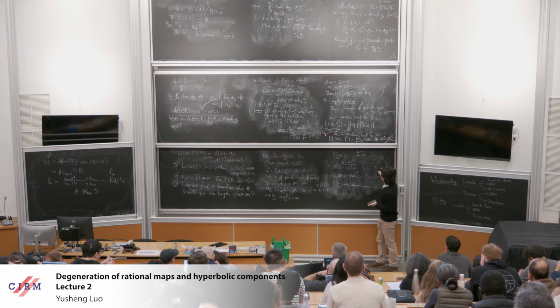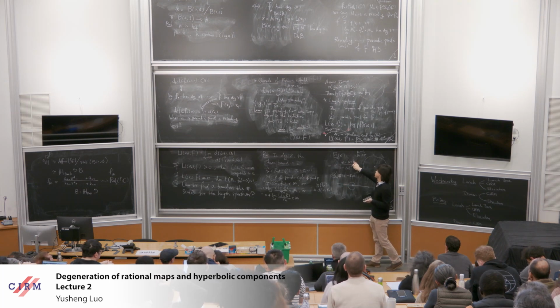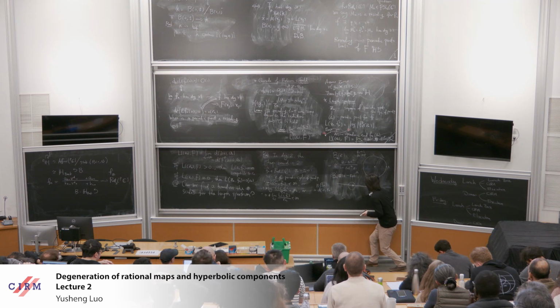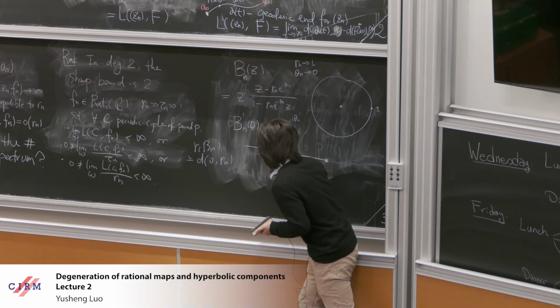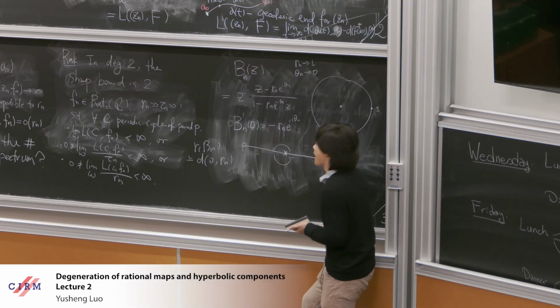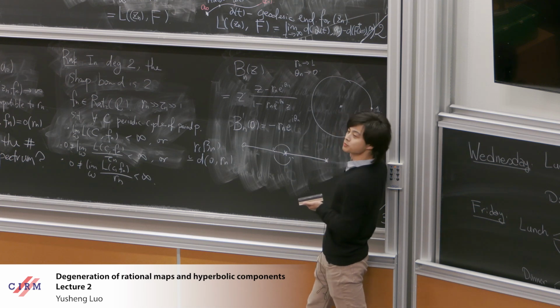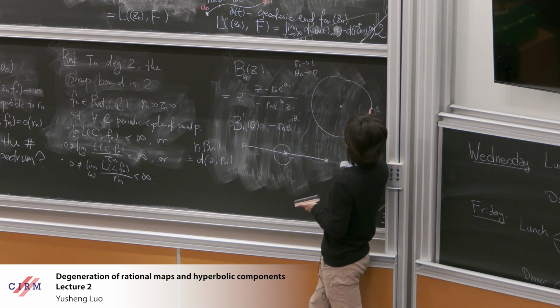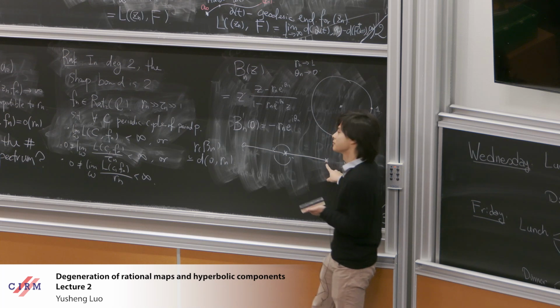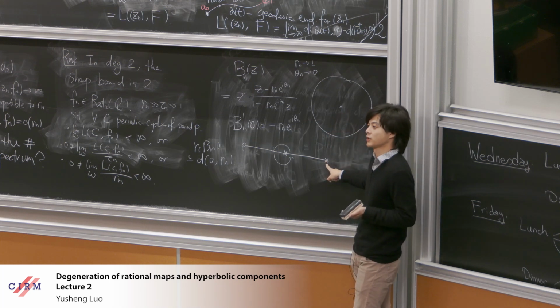All right. Now if you choose your R_n going to 1, and if you choose your theta_n carefully, this critical point is going to map to somewhere here and then come back. And when it comes back, it really depends on how you approach this particular point 1. If you approach very tangentially, it might miss this particular fixed point.